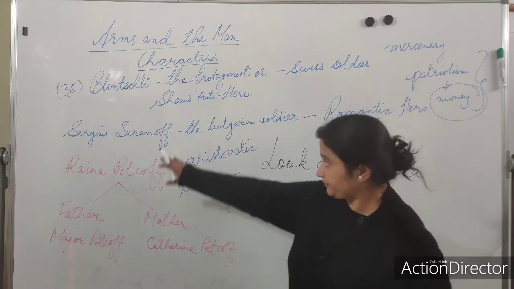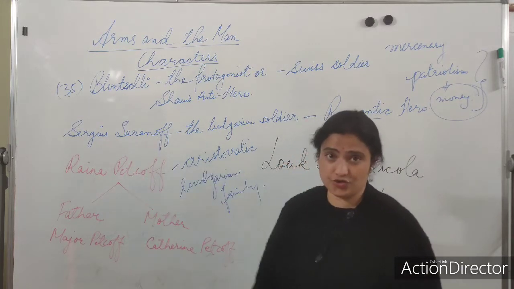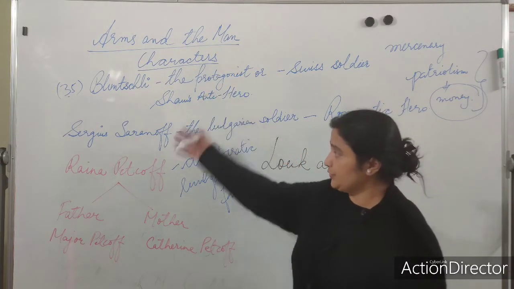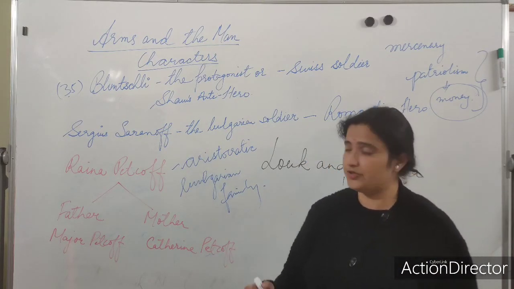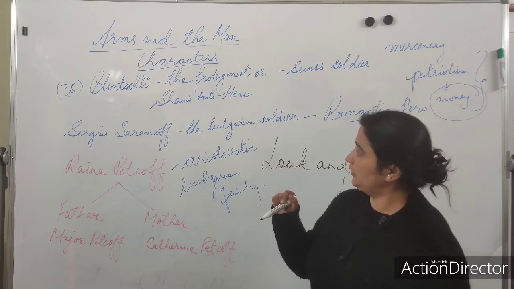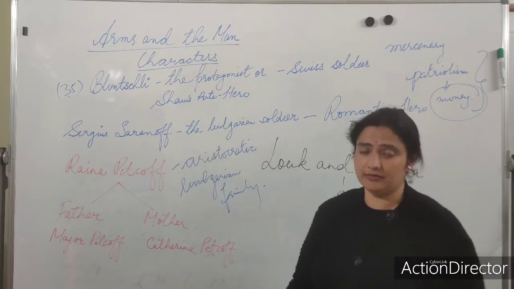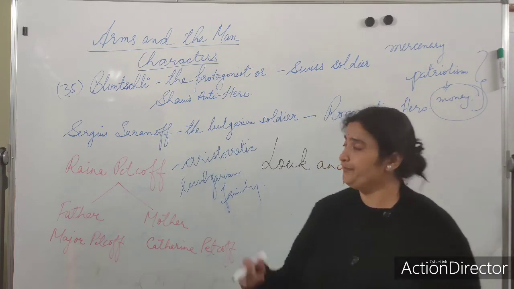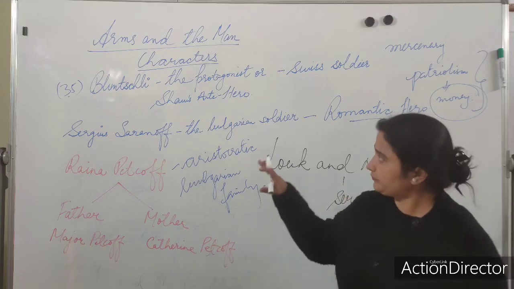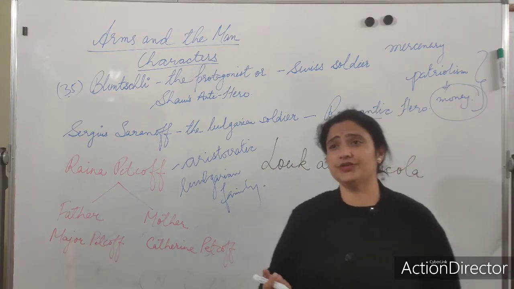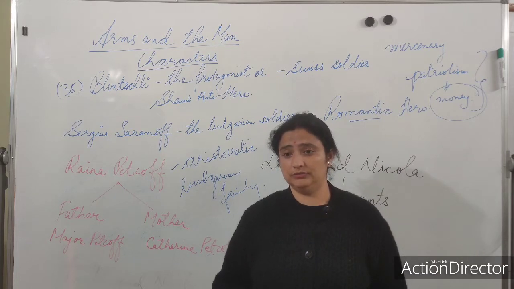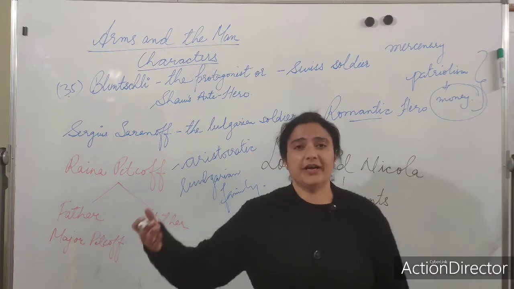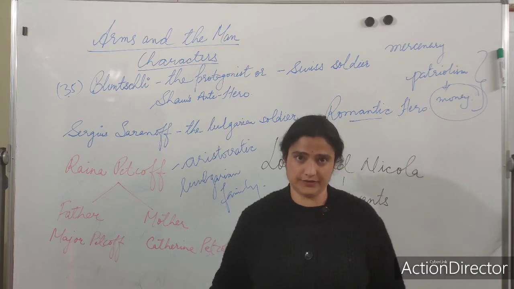How love, they both are engaged. Prior to the war taking place, they both were engaged, betrothed to each other, and through their love story, Shaw is trying to tell us how false the romantic idea behind love is, right?